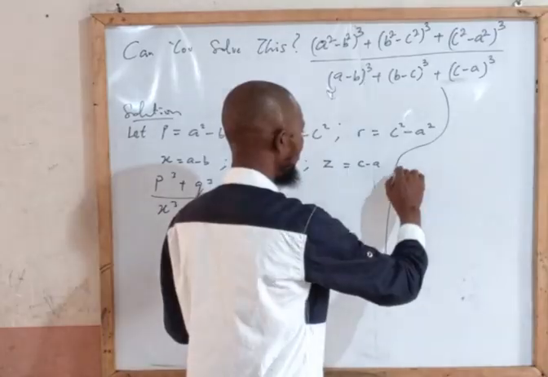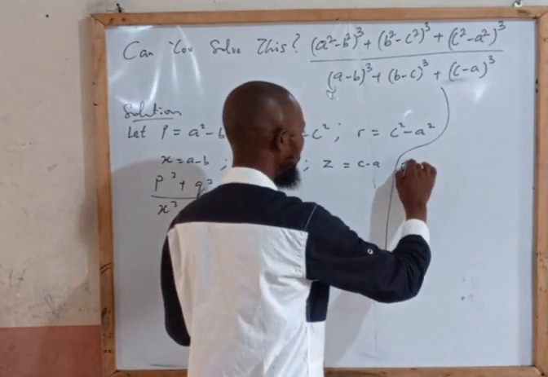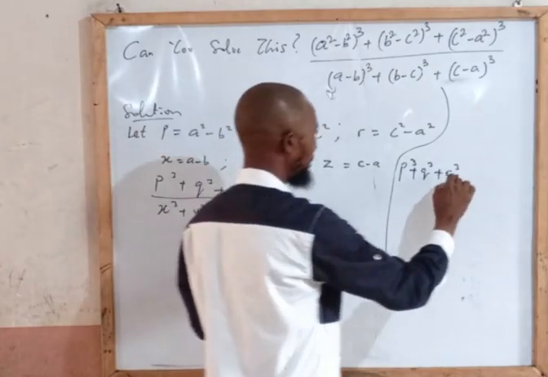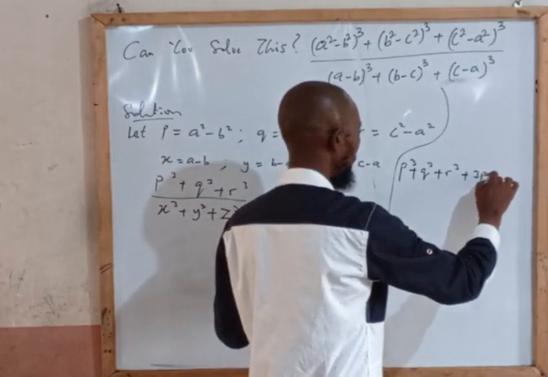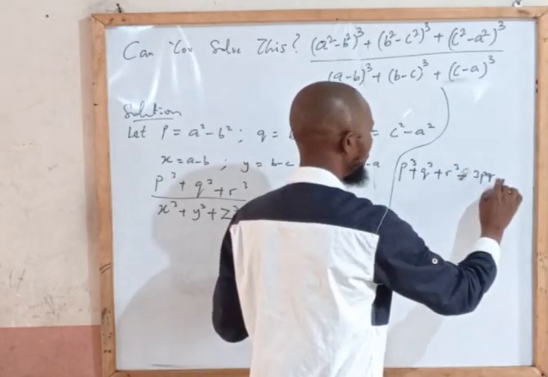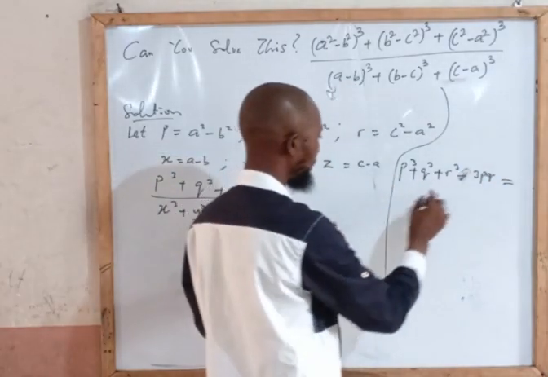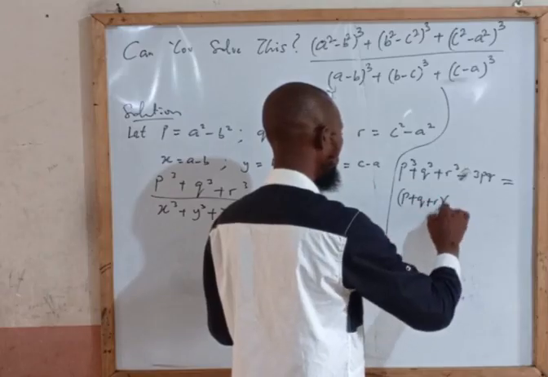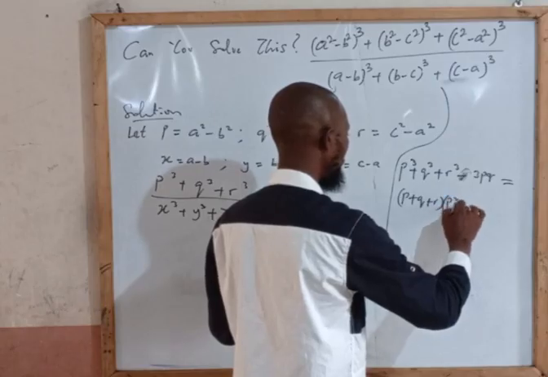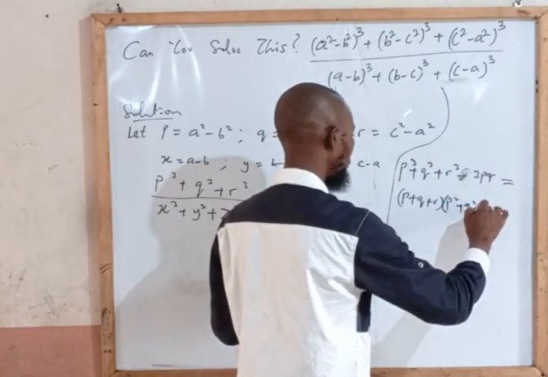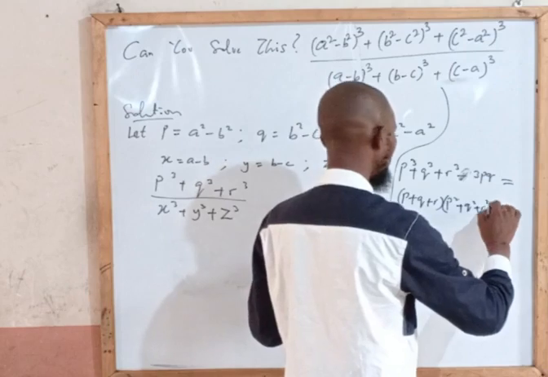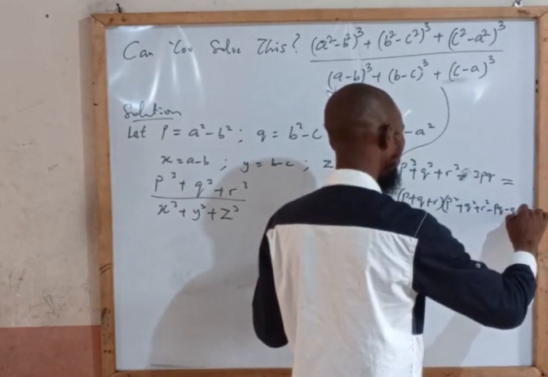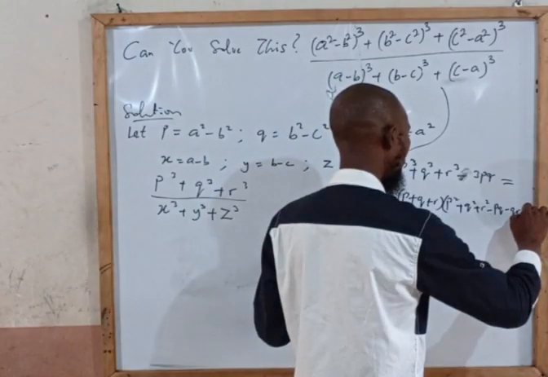We state that P raised to power 3 plus Q raised to power 3 plus R raised to power 3 minus 3PQR is equal to P plus Q plus R into P squared plus Q squared plus R squared minus PQ minus QR minus RP.